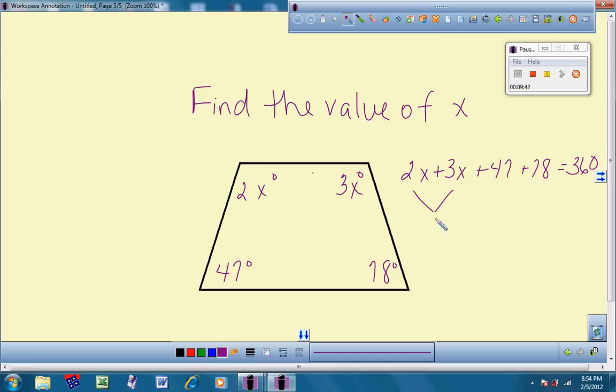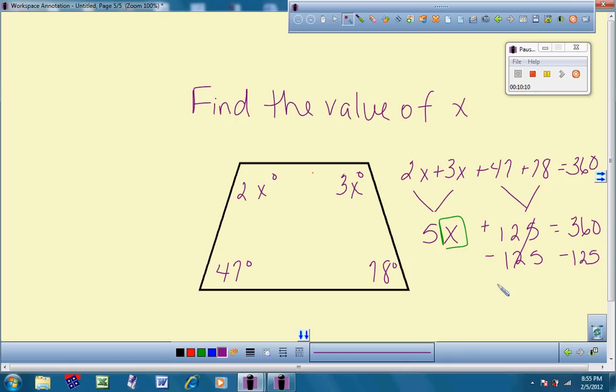We would then combine like terms. 2x and 3x is 5x. 47 plus 78 is 125. Set that equal to 360. Using algebra again, we are going to solve for x. First, subtract out 125.